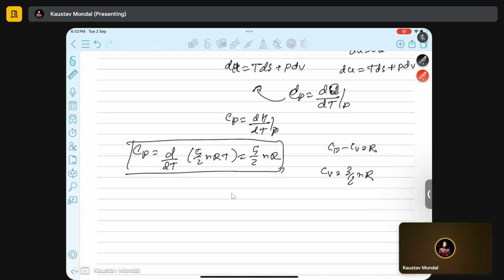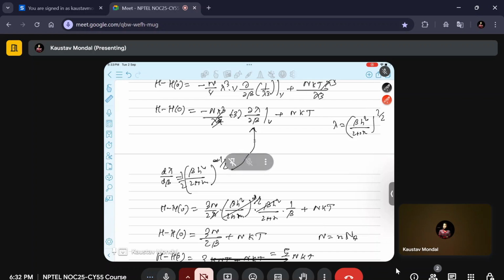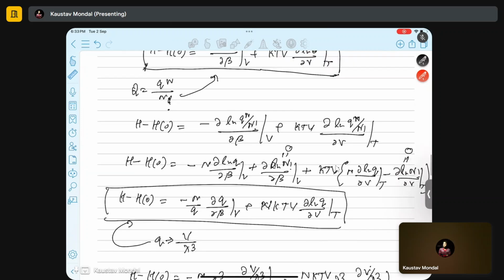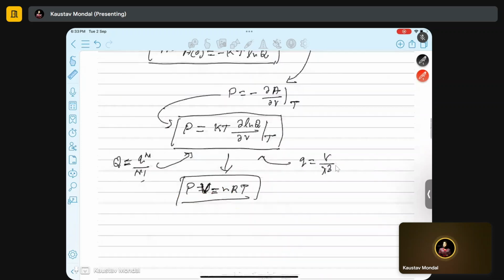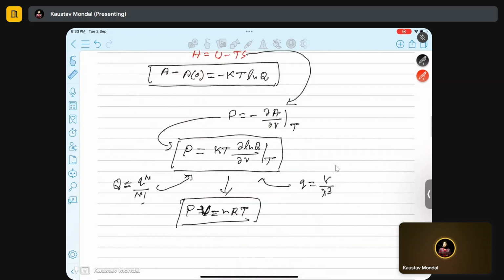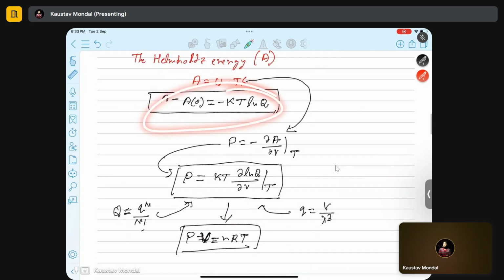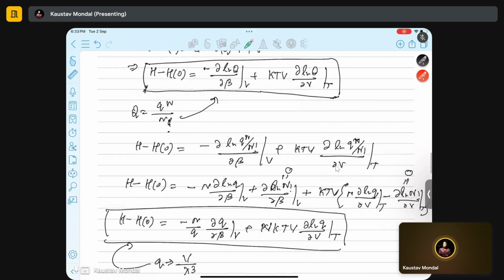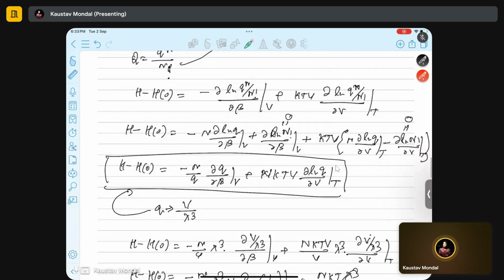Now we'll do some problems. What we have done: we started from the thermodynamic expression of the enthalpy, that is A minus A0 equal to minus kT ln Q, capital Q. From there we used the expression of the pressure to get the expression of the enthalpy like this.